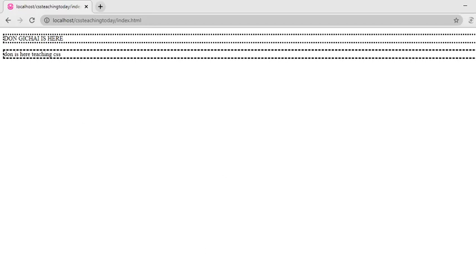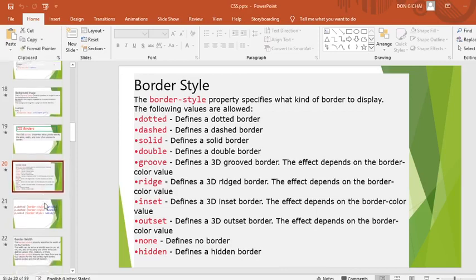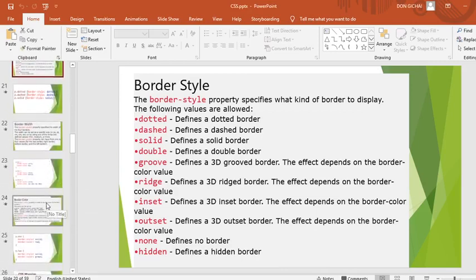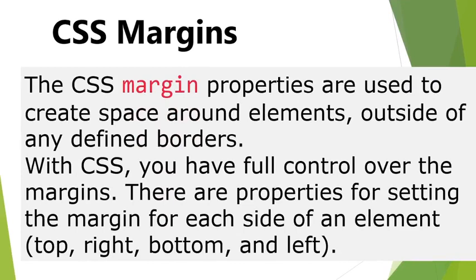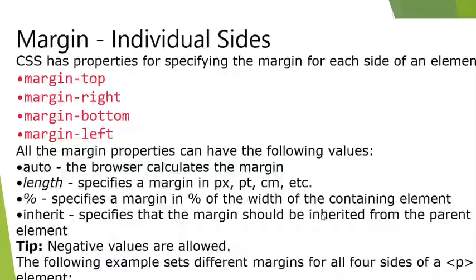Then we can go to the next item. After that one, we can look at the CSS margins property. Therefore, when you talk about the CSS margin property, you can have margin top, you can have margin right, you can have margin bottom or margin left.